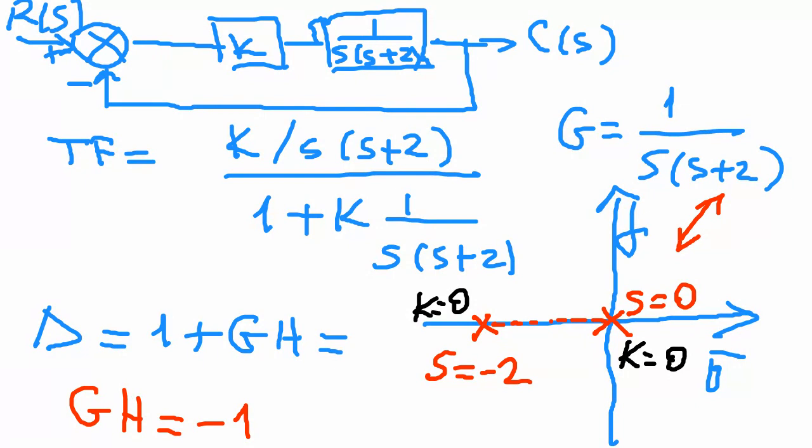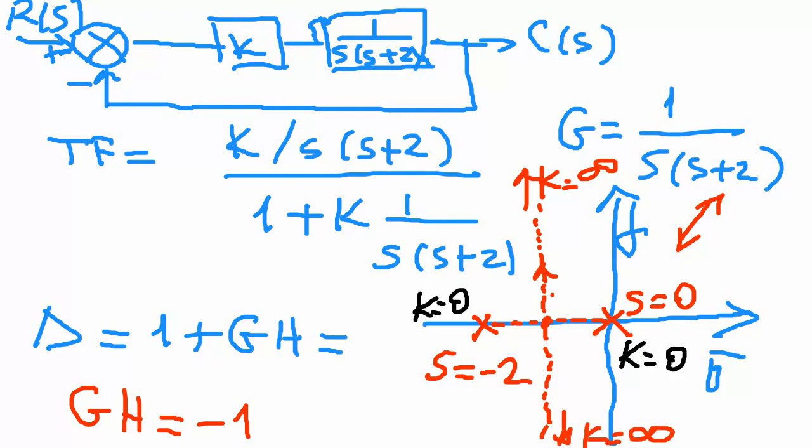They are going to come here, and then they are going to change direction, and it's going to be something like this. So, for example, k equal infinite is going to be going up. Another k infinite is here.